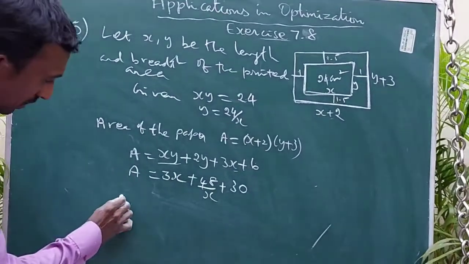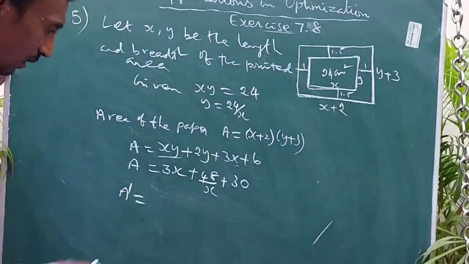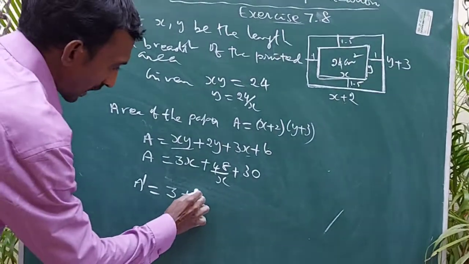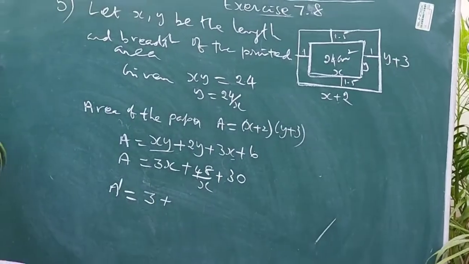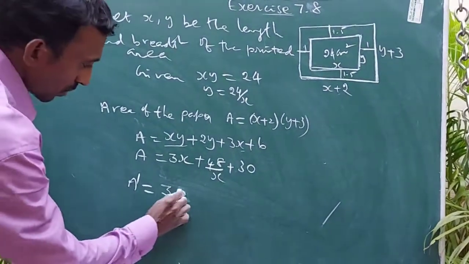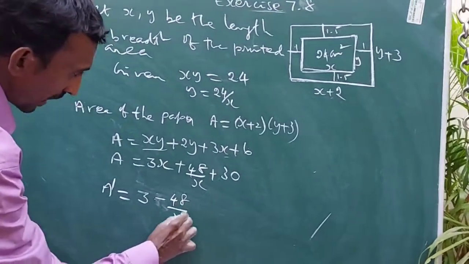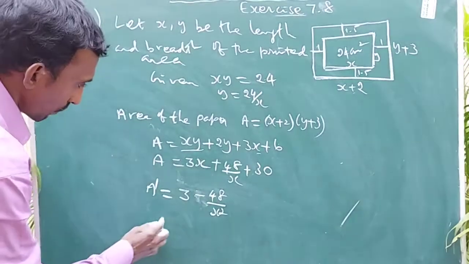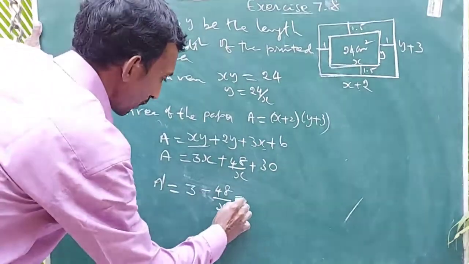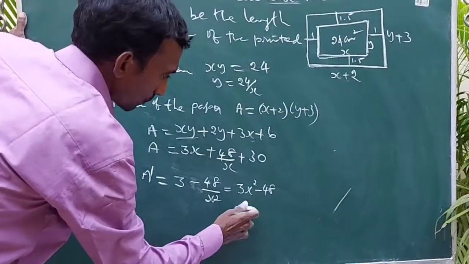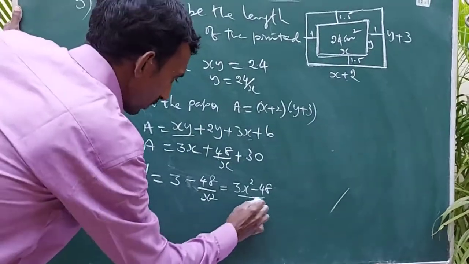The next step is to find the first derivative. 3 into differentiation of x, which is 1, plus 48 is a constant, and differentiation of 1 by x is minus 1 by x square, so minus 48 by x square, and differentiation of the constant is 0. If you want, you can take the LCM: (3x square minus 48) by x square.